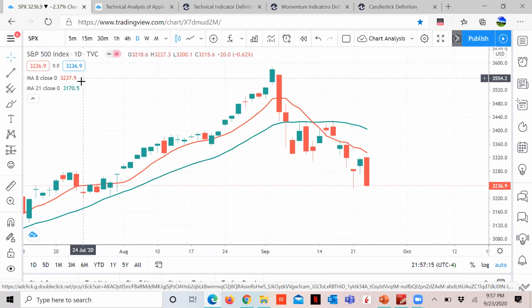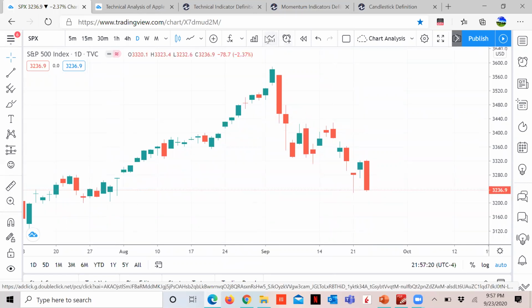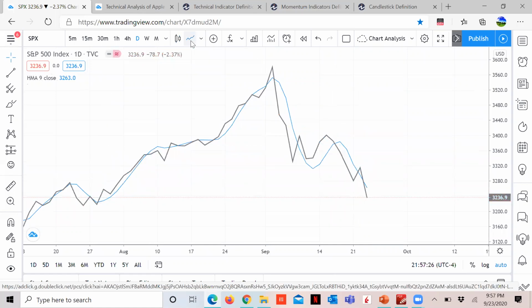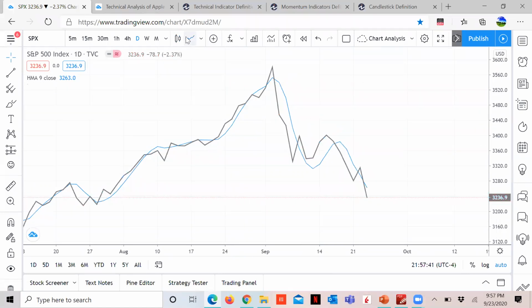Or if it's too confusing, I would suggest just using a single moving average. Price goes up, the moving average gives a buy signal. Price goes below that, that's a sell signal. You can see it here, and you can see it there. Not much of a rocket science, very simple.